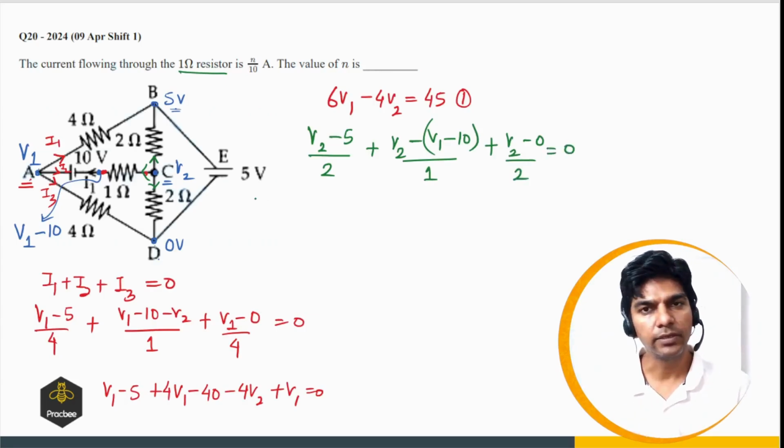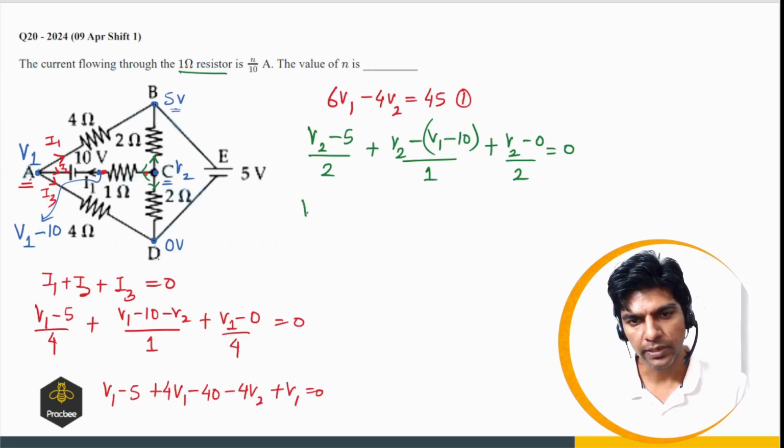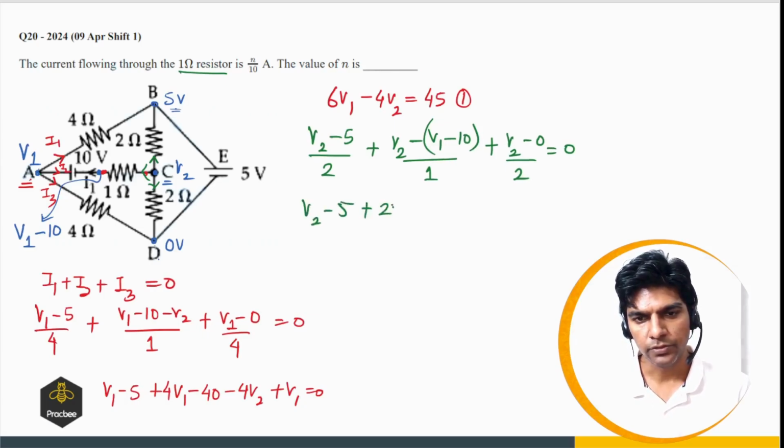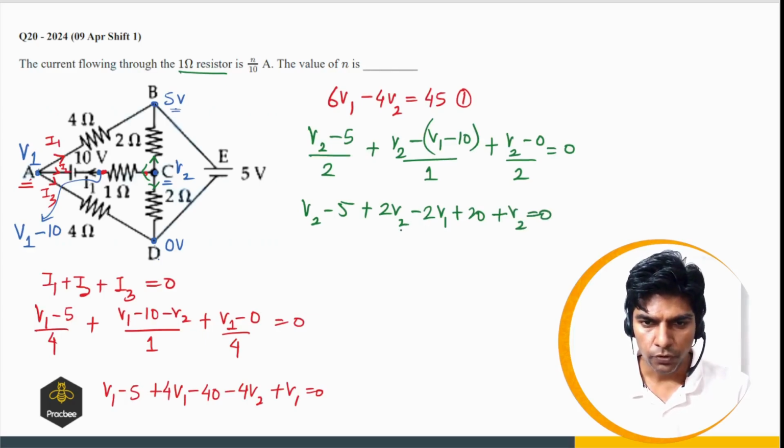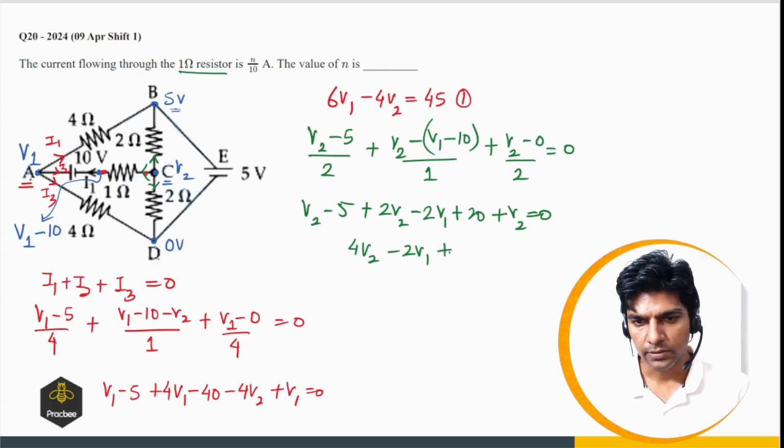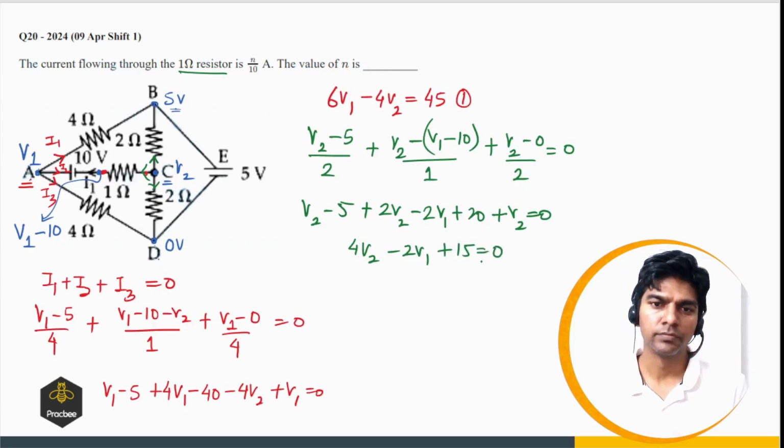Now let us multiply this equation with 2. So we'll get V2 minus 5 plus 2 times V2 minus 2V1 plus 20 plus V2 equals 0. Now from this we will get 4V2 minus 2V1 plus 15 equals 0. Right? Now that is the second equation.